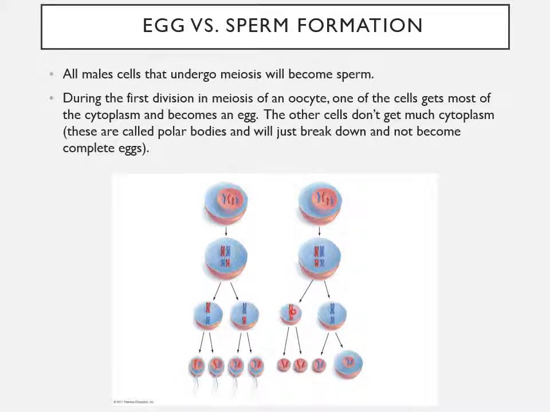The other cell that didn't get much cytoplasm will divide, and this other cell here that also didn't get a lot of cytoplasm, they will end up as what they call polar bodies, and they will just break down and not become an egg. So when a female oocyte undergoes meiosis, only one of the 4 cells out of meiosis will actually become an egg that has the possibility of being fertilized.